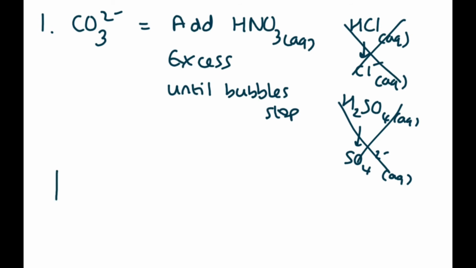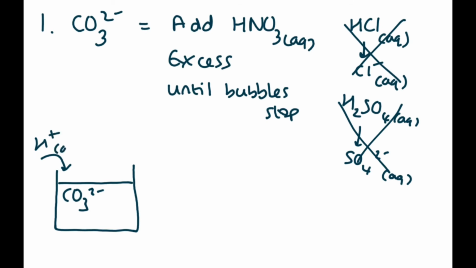So remember, we've got an unknown mixture. We don't know what's inside, but if there is carbonate inside, we want to add acid, nitric acid specifically, until all the carbonate has gone. Now, if you add acid and there are no bubbles, then that means that there isn't any carbonate. Okay, so that's the first thing that you do.